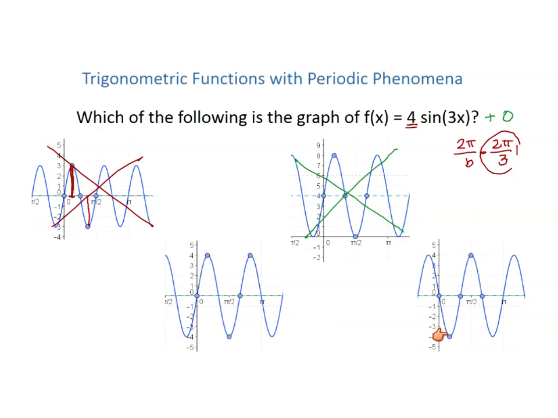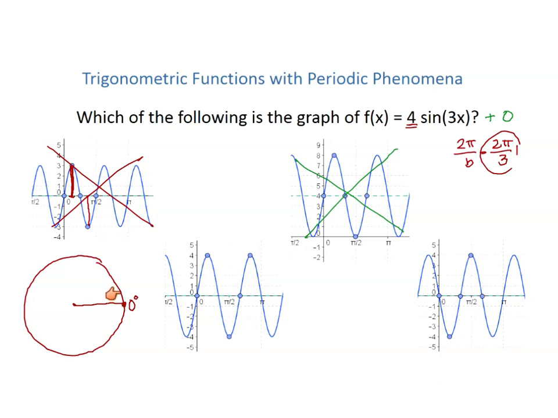But should our graph go up first or down first? That's the big question. So I want you to think back when we looked at sine. Think of the unit circle. What does the y value do, right? Because that's what sine is. So I'm going to draw a circle right here. Here's 0.